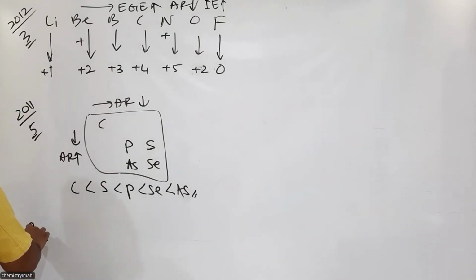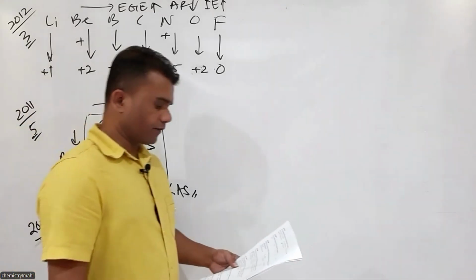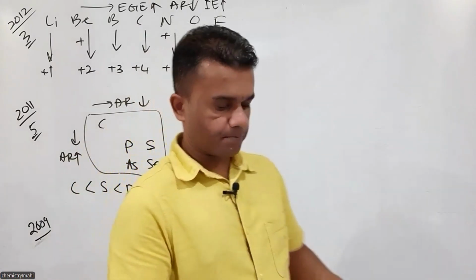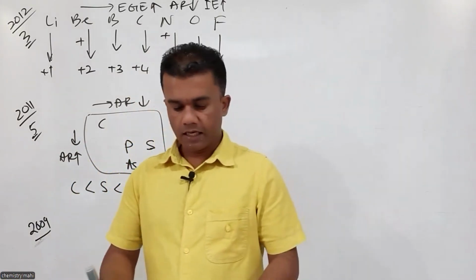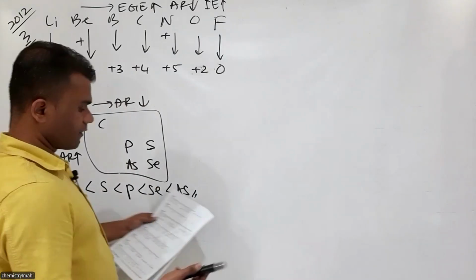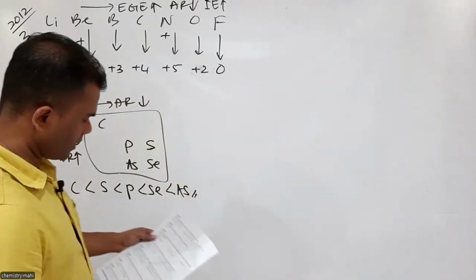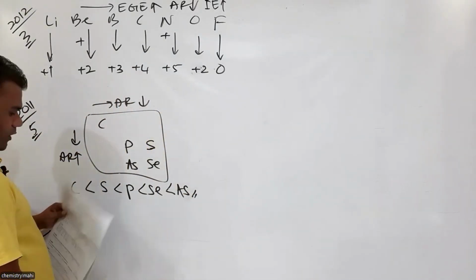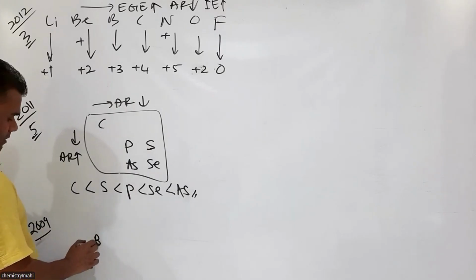Next, you get several questions from 2009. Which of the following electronic configurations corresponds to the atom with the largest atomic radius among them? If it is difficult to compare configurations, better you think about the element. 1s2, 2s2, what is that? It's beryllium.